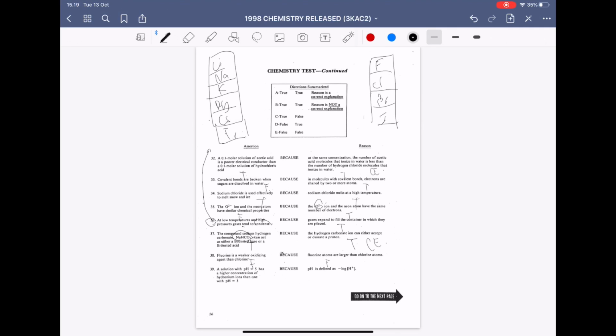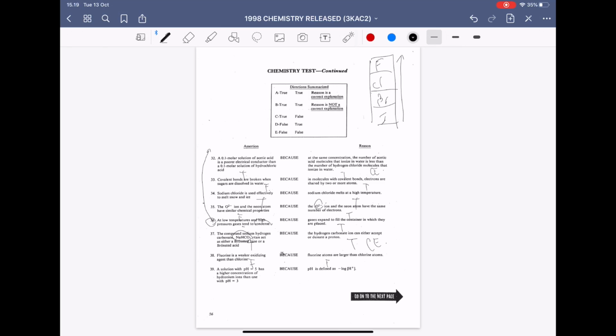So alkali metals, as you go down, become a stronger reducing agent, which means that it tends to lose its electrons easier. Therefore, it gets more reactive. But for halogens, that's not the case. For halogens, electronegativity increases and reactivity increases as you go up.